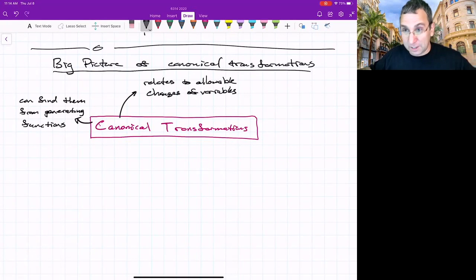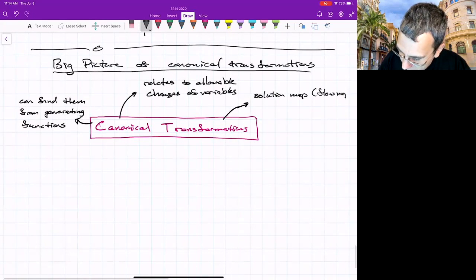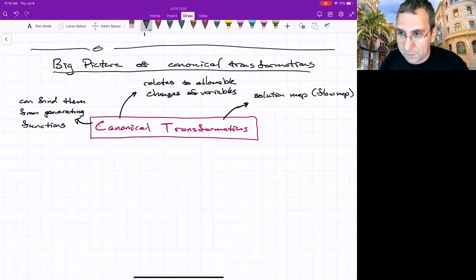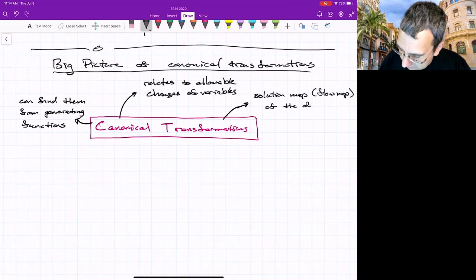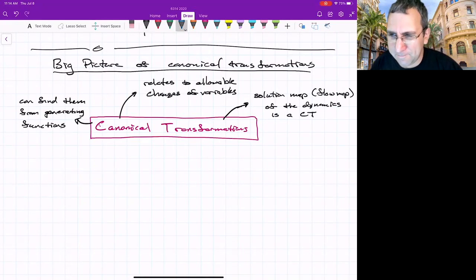It has something to do with being a canonical transformation. So the solution map, or I think it's more common to call it a flow map of the dynamics, is a canonical transformation. What does this imply? This implies there's a certain kind of geometry for the solutions, which we've hinted at already.